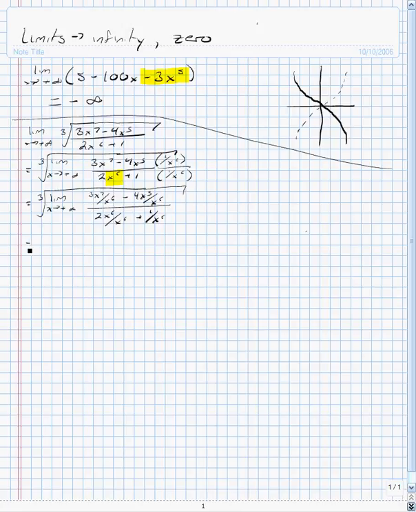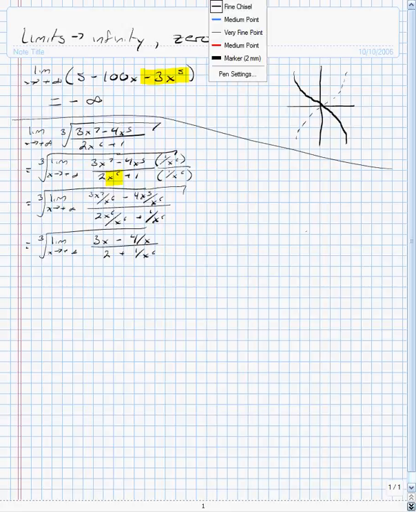We can simplify that down to the third root of the limit as x approaches positive infinity of 3x minus 4 over x, over 2 plus 1 over x to the sixth, because those will cancel out to make 1 right there.